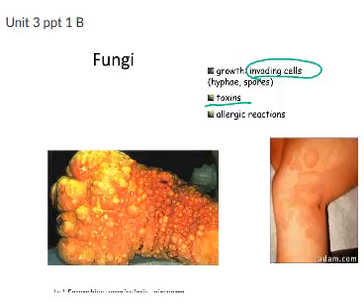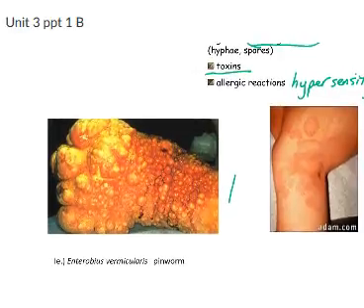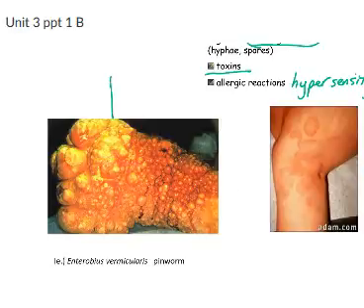The example that I gave you was endo and exotoxin, and they cause allergic reactions, which are also referred to as hypersensitivity. As I mentioned, valley fever, often you have spores that are ingested that then cause problems within the host. These pictures are examples of fungal infections gone seriously wrong. This is actually a foot in case you can't recognize it.